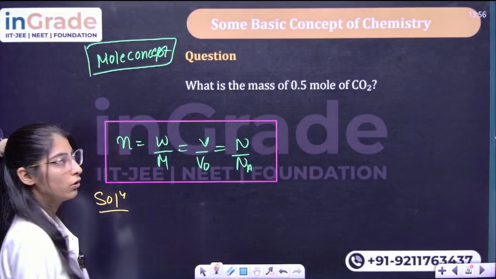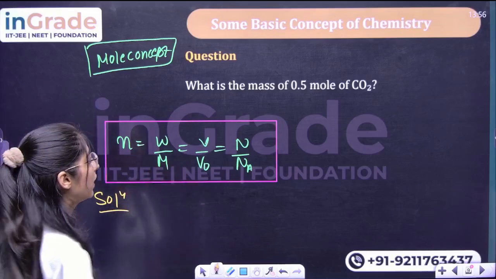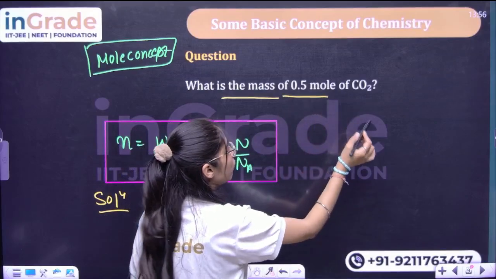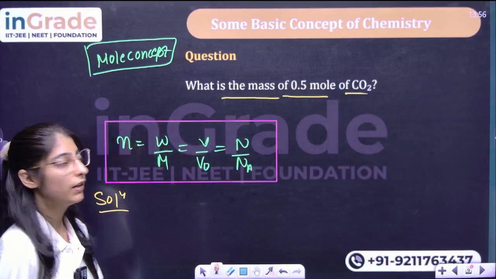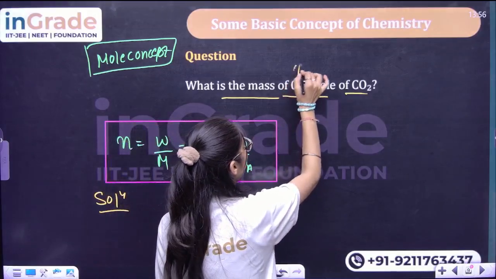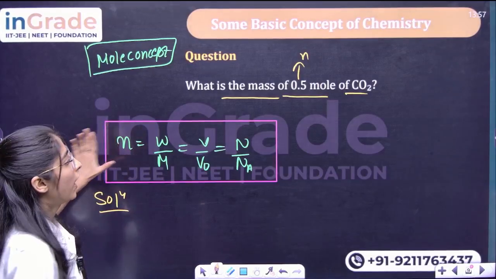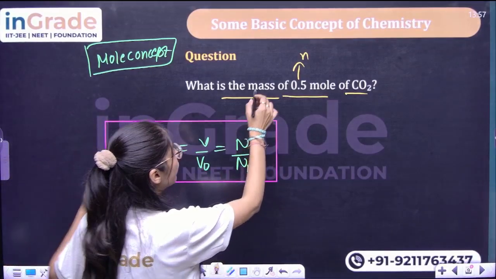Before moving to the solution, let's see the question. It says: what is the mass of 0.5 mole of CO2? See here, the value of n is given to us, and we have to calculate the mass.